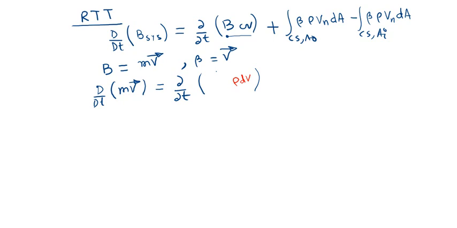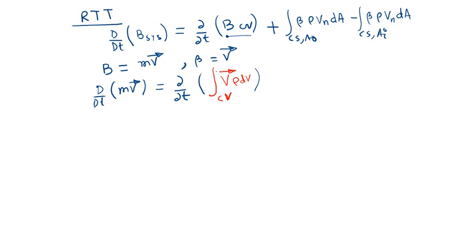And the momentum of this small mass is that multiplied by the velocity at that point. Now to add up the total momentum of the control volume, you have to integrate over the whole control volume. So this is basically the quantity B of the control volume in this case.